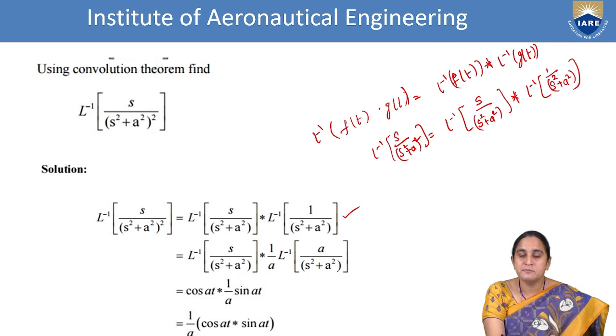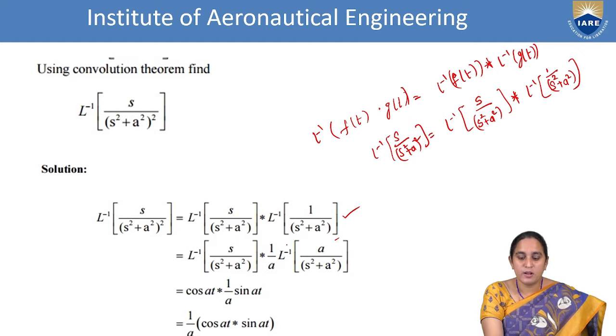Because if we multiply and divide with a, then the function will be converted in terms of the sin at formula. That's why I'm multiplying and dividing with a. Therefore, the Laplace inverse of s by s square plus a square star 1 by a into the Laplace inverse of a by s square plus a square.